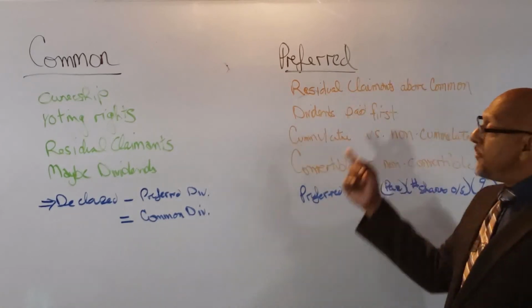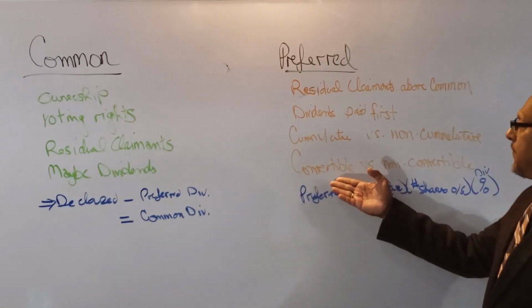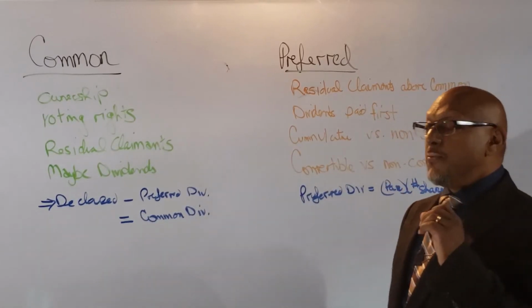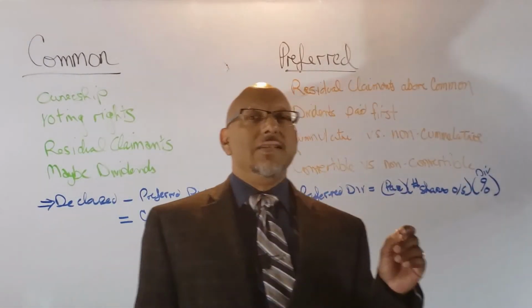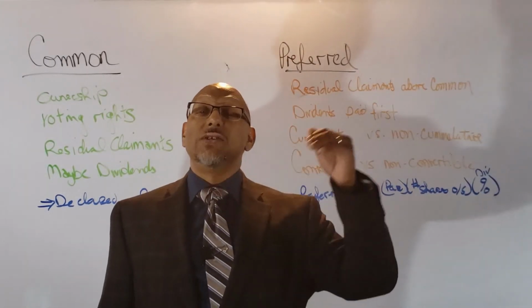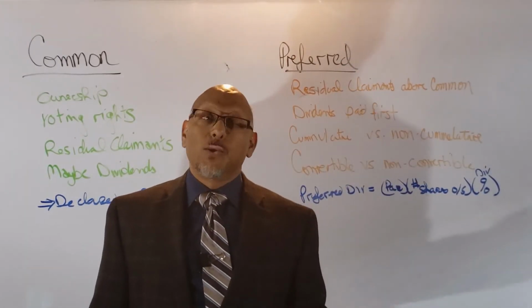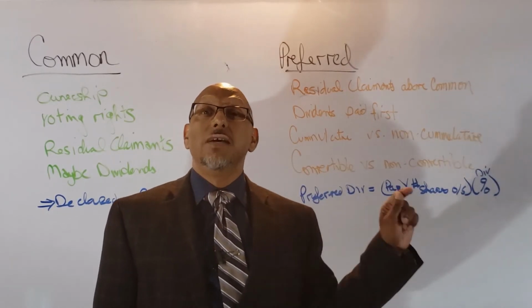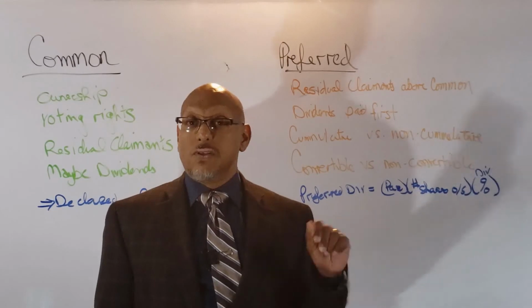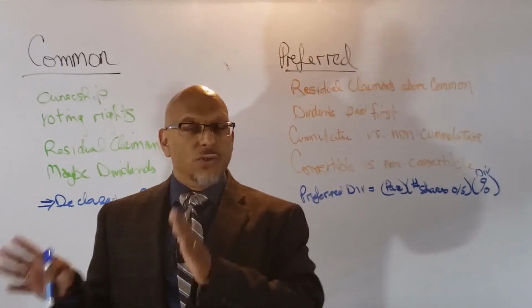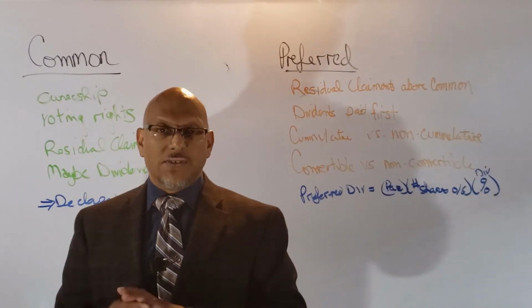There's also, not in the book, convertible and non-convertible preferred stock. A convertible preferred stock means that the stockholder, at their option or the option of the corporation, can redeem those stocks and convert them into notes or loans, long-term notes. So there would be a definitive due date for when that preferred stockholder would be paid.